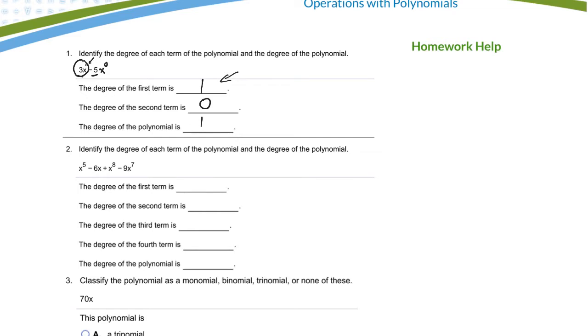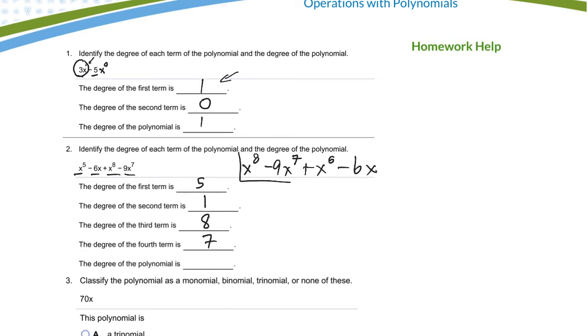The next question says the degree of the first term. They want to know the degree of each term. So the first one is a 5, second one's a 1, third one's an 8, next one's a 7. This is actually written in not the right order. It should be written like this: x to the 8th minus 9x to the 7th plus x to the 5th minus 6x.